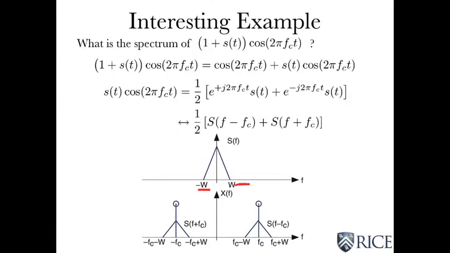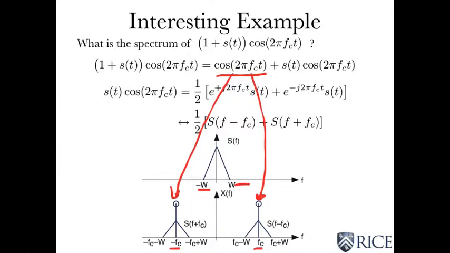So, the part that's due to the periodic part, those are those lines, like we always do, stem plots for things related to Fourier series, and the frequency at which they occur is minus fc and plus fc.